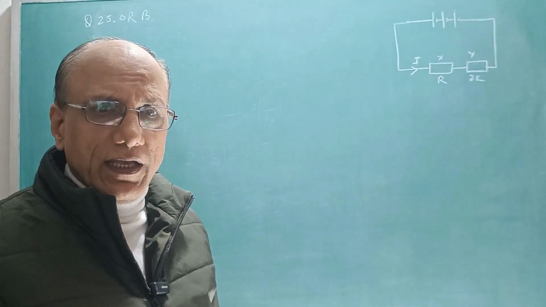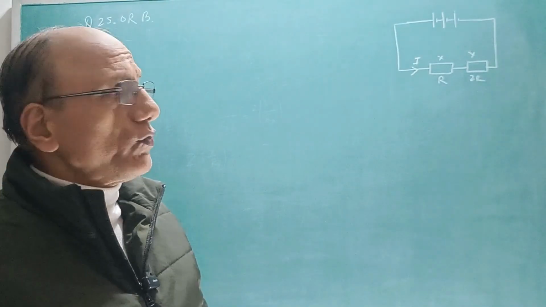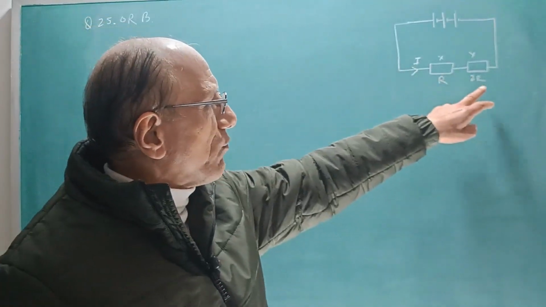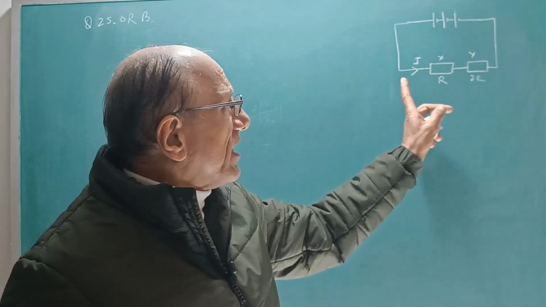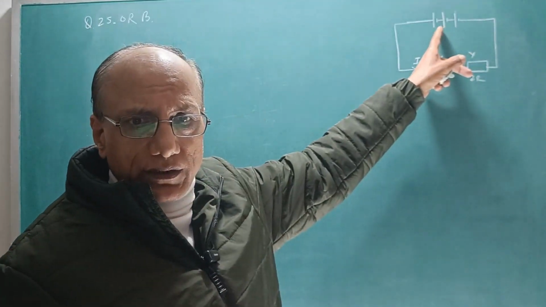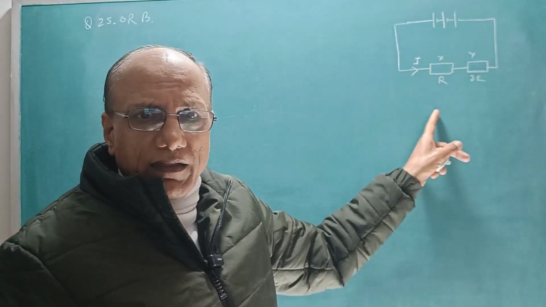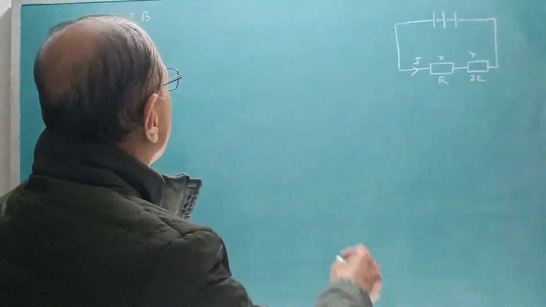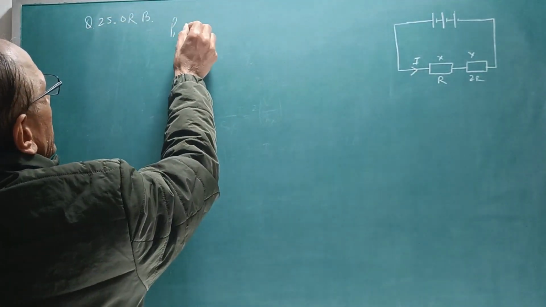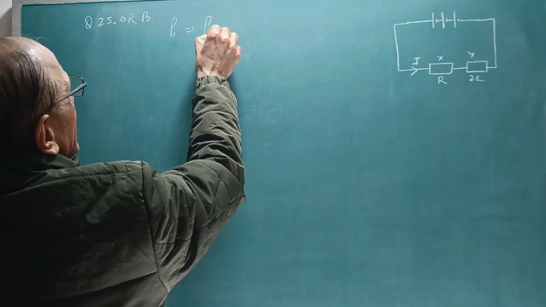Now question number 25 or part, that is B. The above figure shows two resistors X and Y having values R and 2R, and they are connected in series to a voltage source. The power dissipated for this combination is P1.